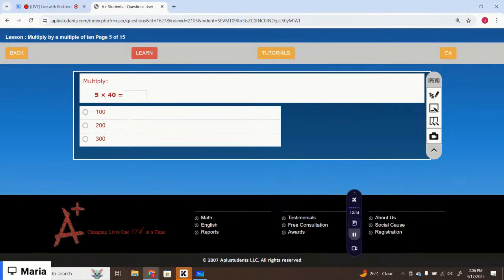So 5 times 40, which is the correct option?